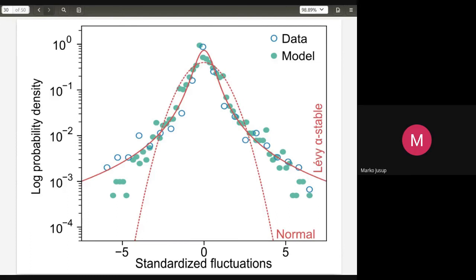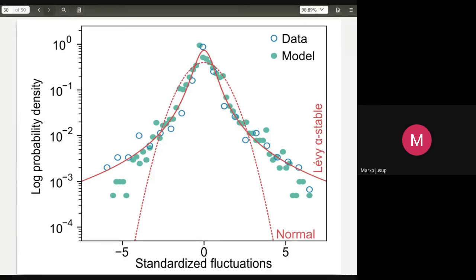And we can see that indeed the data that we have and the model that we get are statistically indistinguishable. They produce fluctuations that follow a Levy alpha stable distribution, which is very different, as you can see, from the normal distribution shown with this dotted curve.